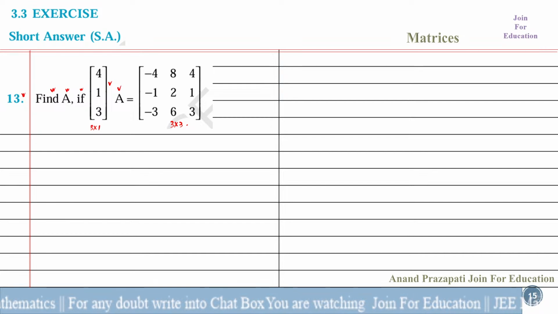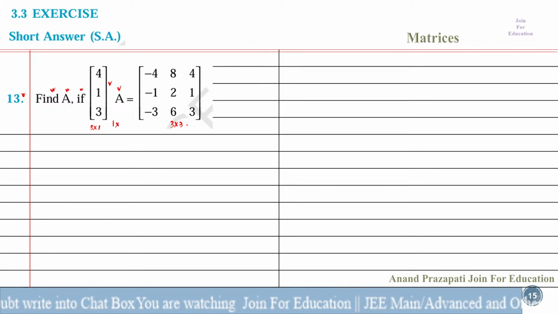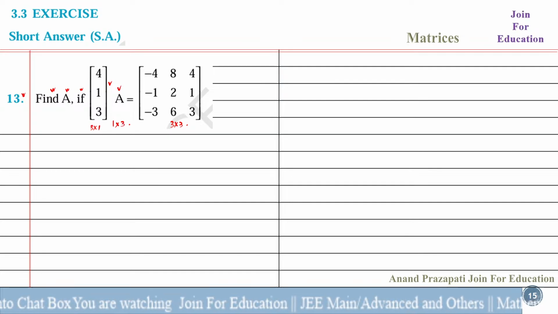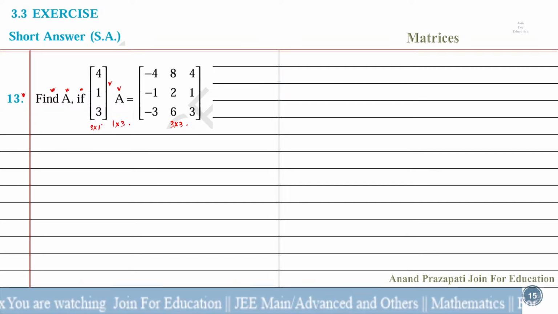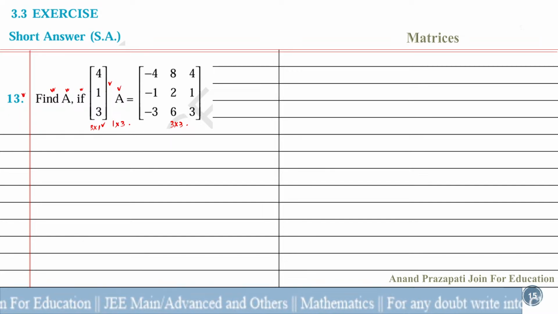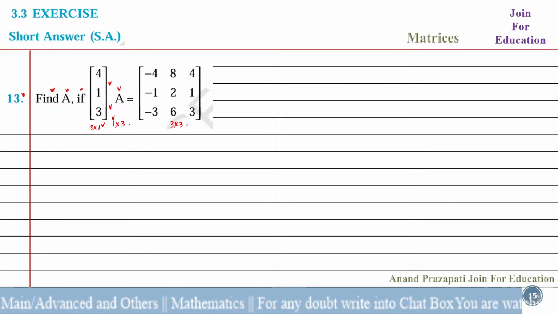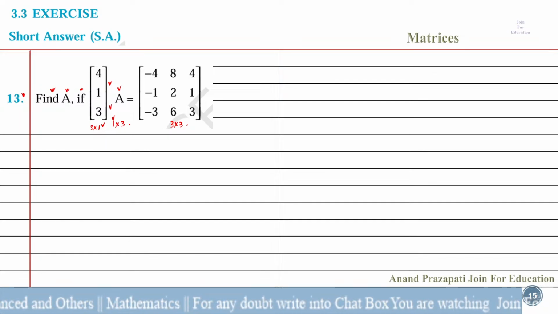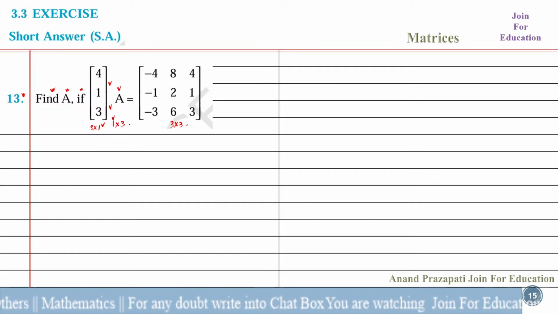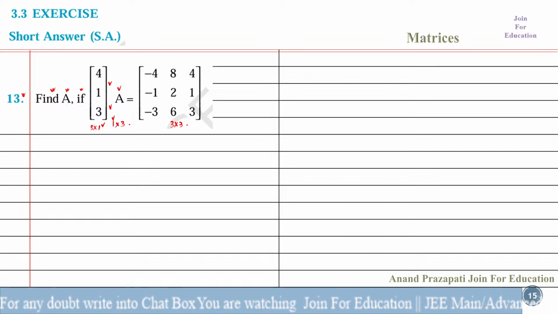If we put A, then here it will be 1 by 3. Therefore, the number of columns of this one will be equal to the number of columns of A. Therefore, this one and A are eligible for the multiplication. After the multiplication, we get 3 by 3. So let's see the solution of this question.